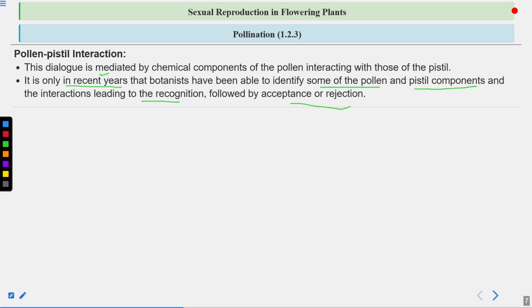We have come to know that some chemicals are released from the pollen as well as the pistil, and with the release of these chemicals they are able to know each other's genes, and on the basis of that there is an acceptance or a rejection of the pollen, right? So this is very important, that there is a chemical interaction in the pollen-pistil interaction.